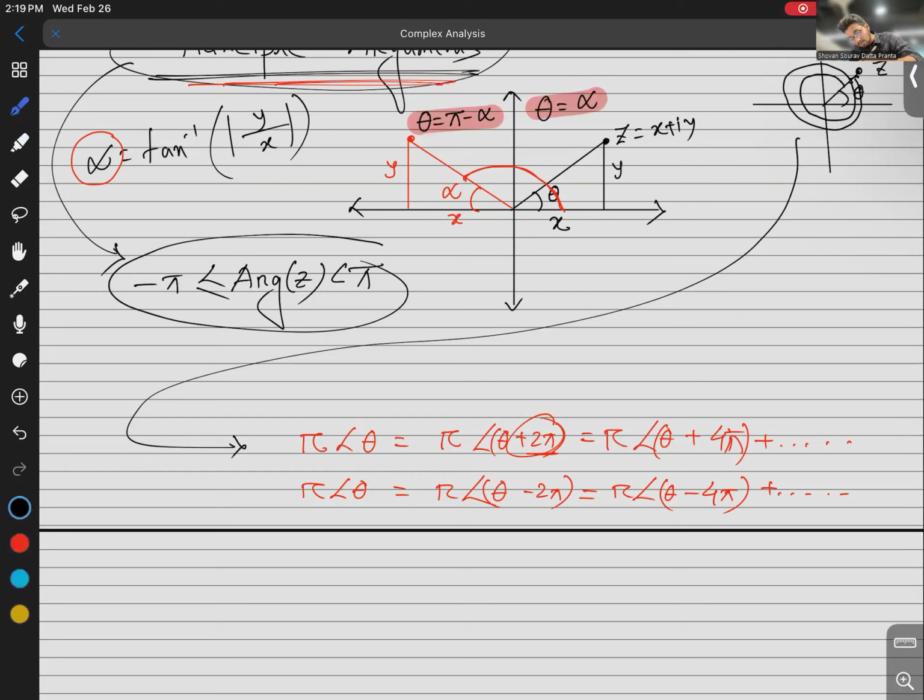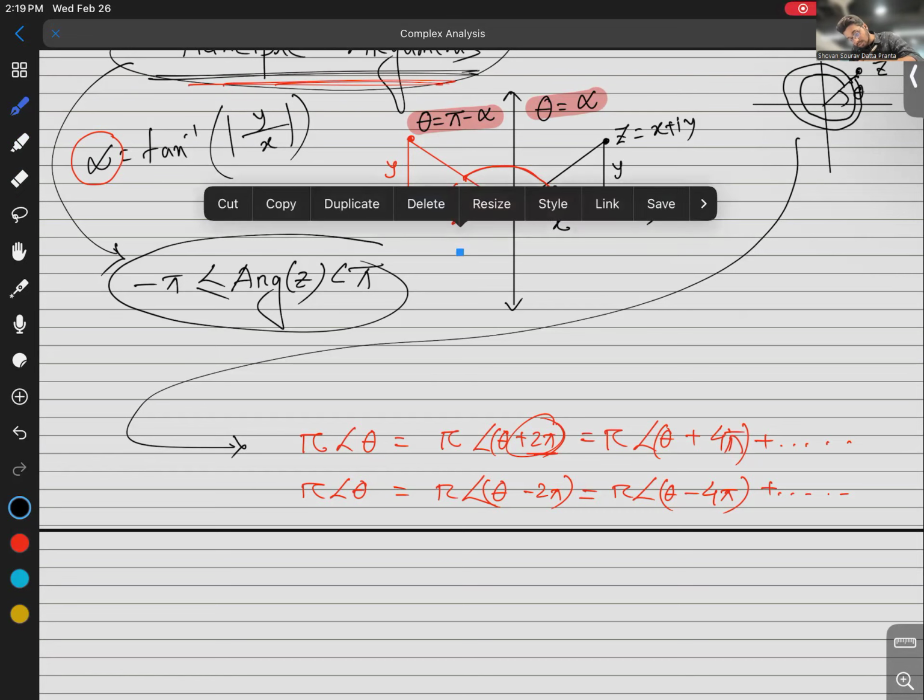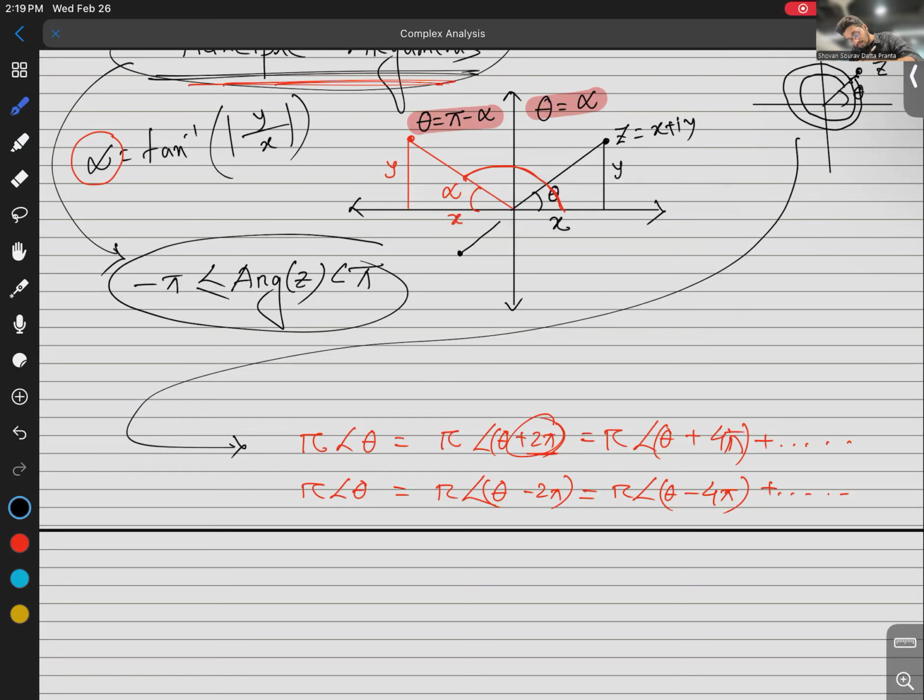So let's say our point is in the third quadrant. This length is x, this length is y, and all the coordinates are negative, and this is our point z equal to x plus iy. This is our angle alpha, and if we say our principal argument is pi plus alpha, this is going out of the range.